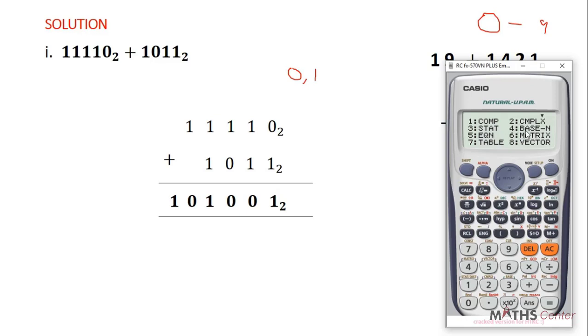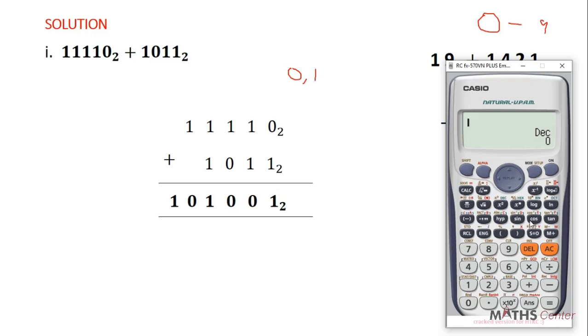The fourth one is base, so select the fourth one. So you press on 4. When you press on 4, you will see DEC, and 0 beneath it. DEC means that your calculator is now in the decimal mode or the base 10 mode. We want our calculator to be in the base 2 mode. The base 2 mode is the binary mode.